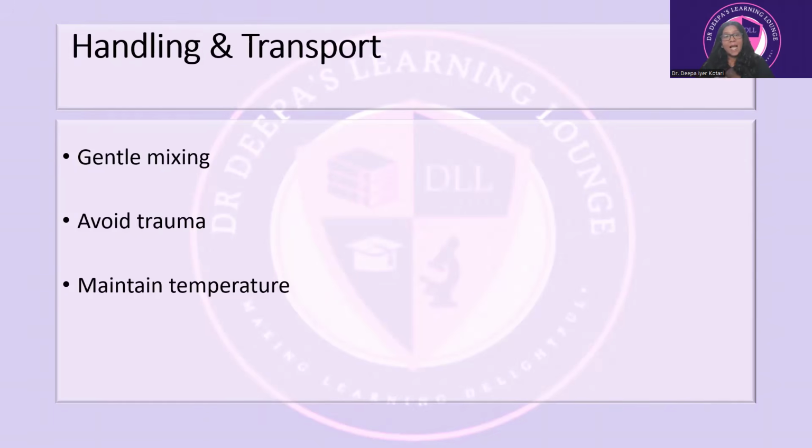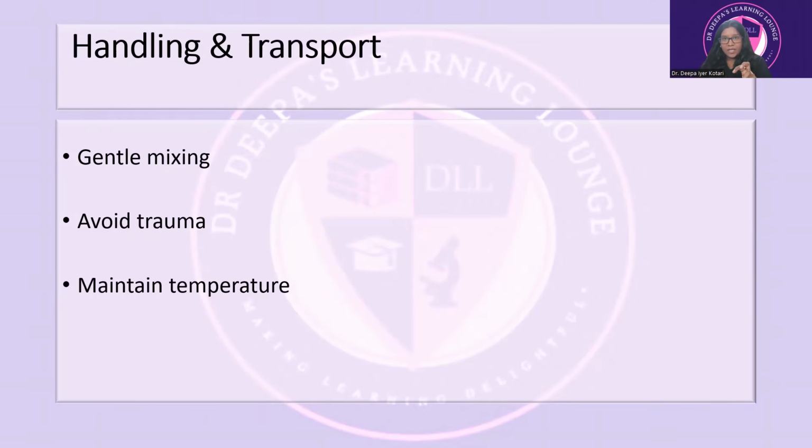The next is handling and transport. A perfect collection but a poor handling also can cause very bad hemolysis. For example, if the phlebotomist who's supposed to pick up the sample has done a fantastic job, he has put the tourniquet for less than 1 minute, he has taken the antecubital fossa, he waited till the alcohol dried, he's used a wide bore needle, a beautiful vacutainer, filled the tube till where it is.